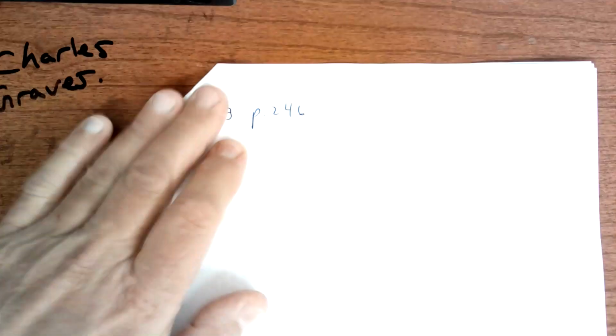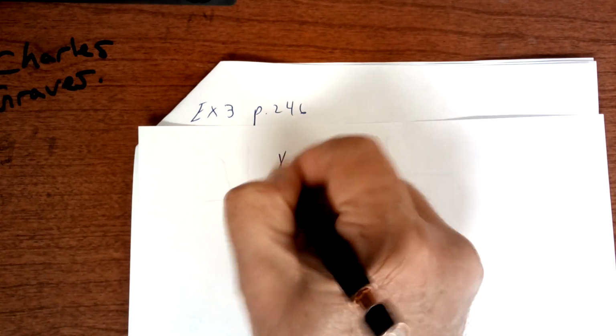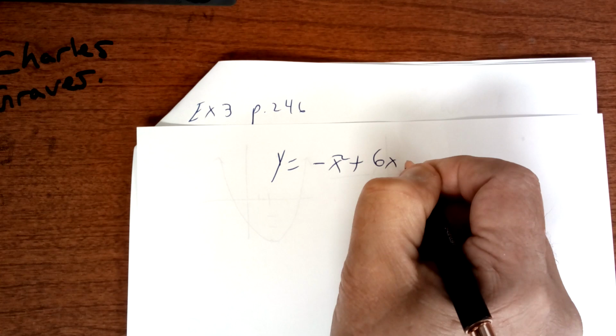Now I want you to turn to page 246, and we're going to wrap this up. So on page 246, let's look at example 3. So you have this function here, copy it down. Put y equals negative x squared plus 6x minus 8.